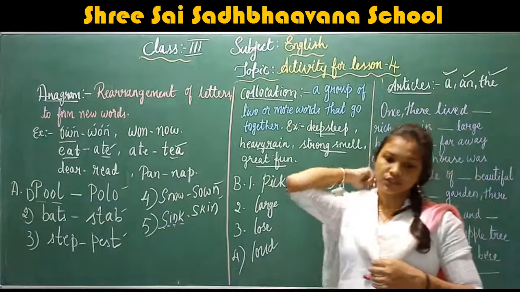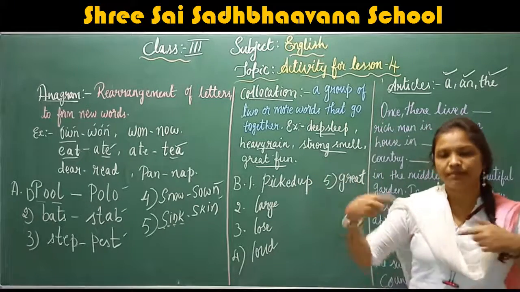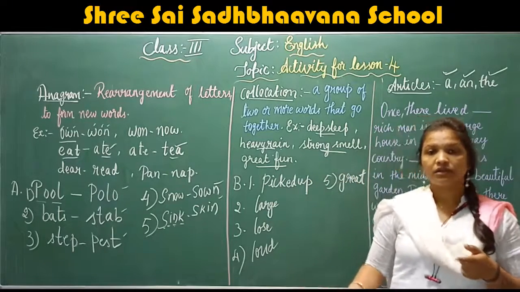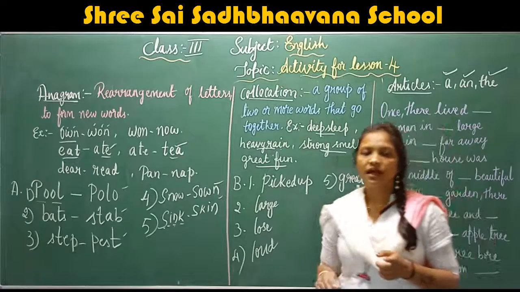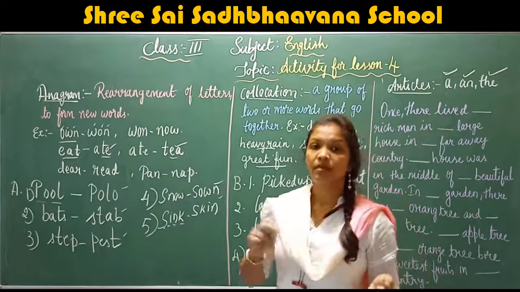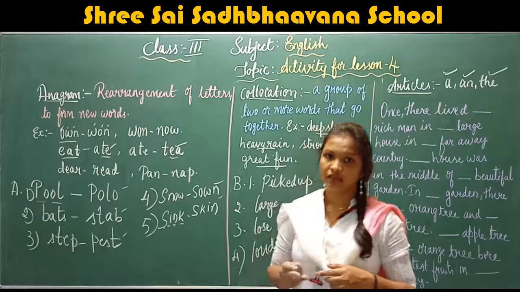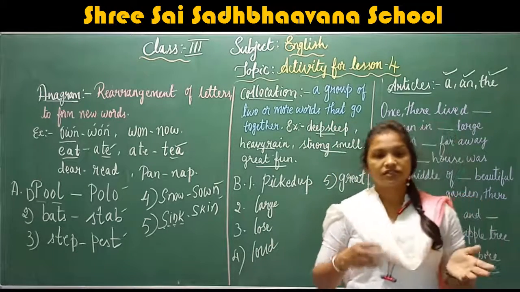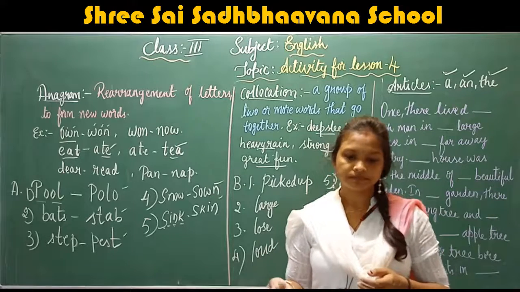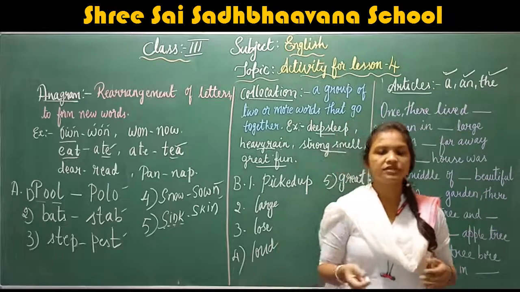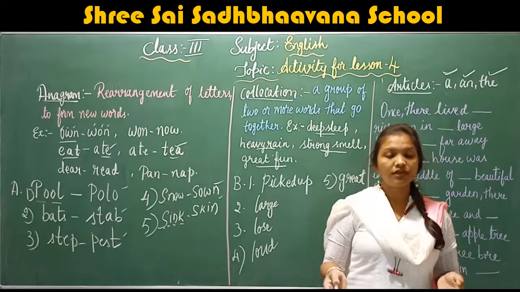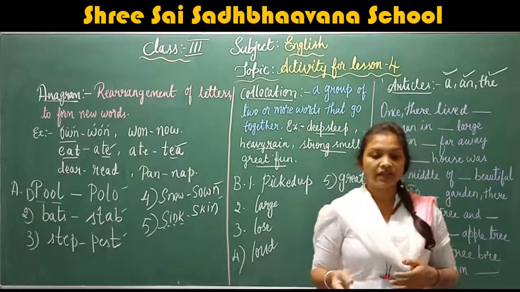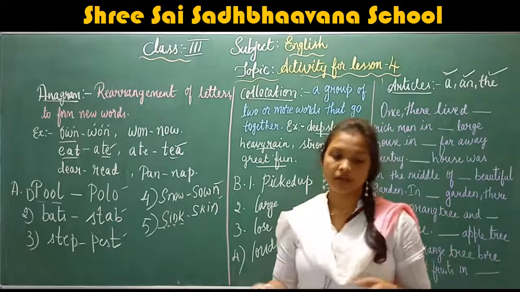So the is used when the same noun is repeated again. For example here, a flock of doves were searching for food, and after flying a long distance, the doves.